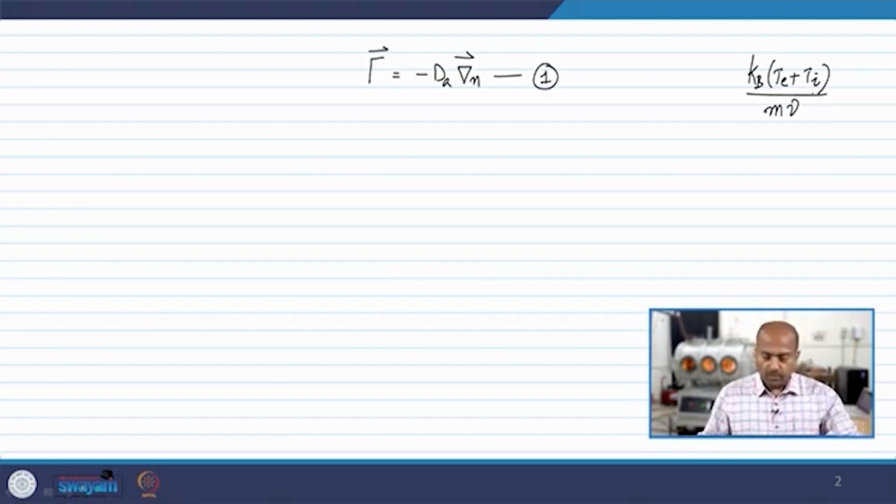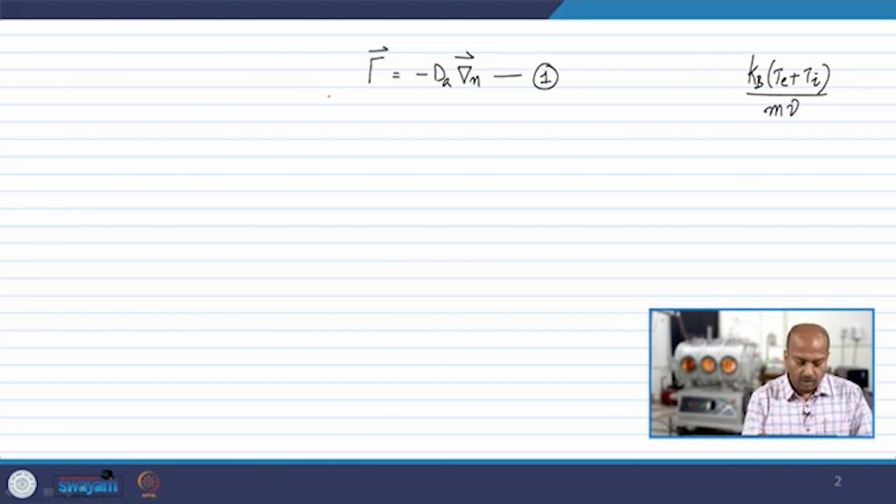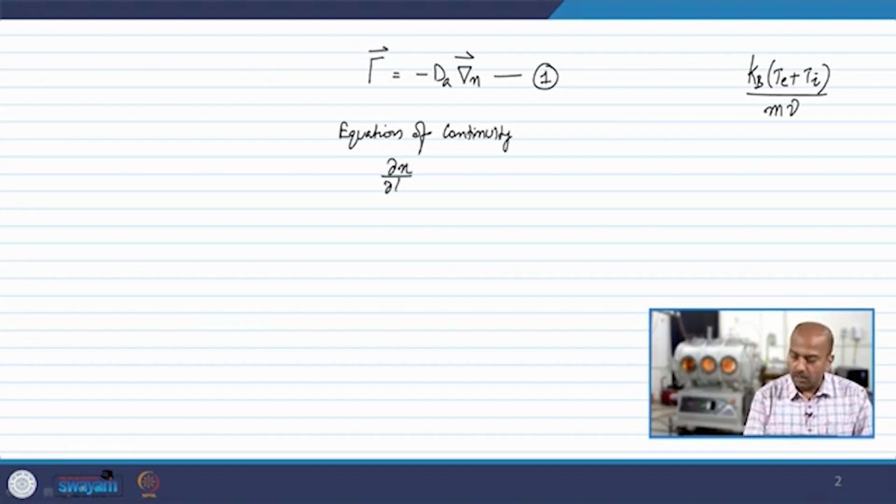Okay. So, let us bring in the equation of continuity for the plasma. This is the equation of continuity: dou n by dou t plus del dot nu is equal to 0.